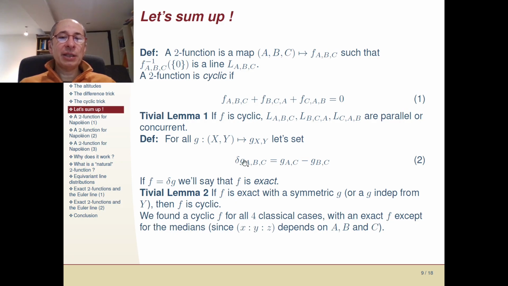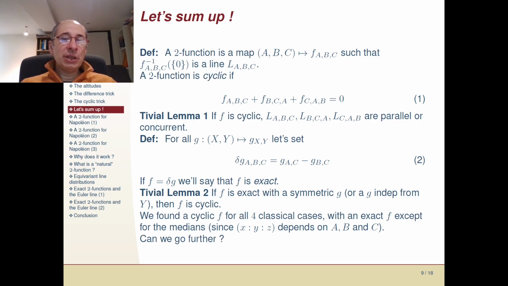We found a cyclic two function in each classical case, and every time it was an exact two function, except for the medians, where, if you recall, we have used the barycentric coordinates to define f, and because of this, since the barycentric coordinates depend on ABC with the order, and the order of ABC is important, we cannot say that f is exact. But it was the only case.